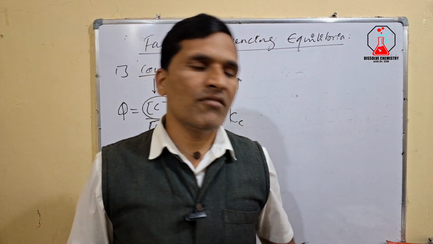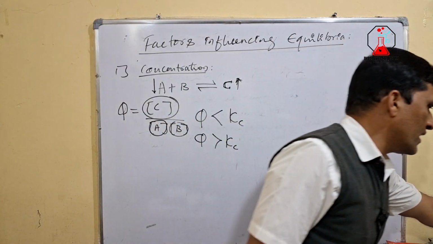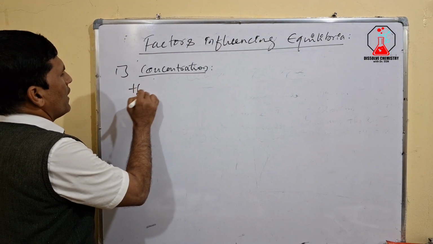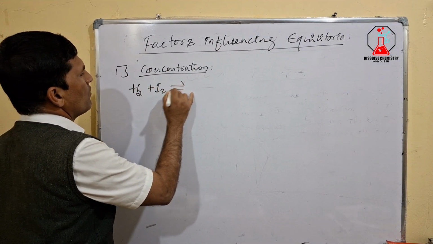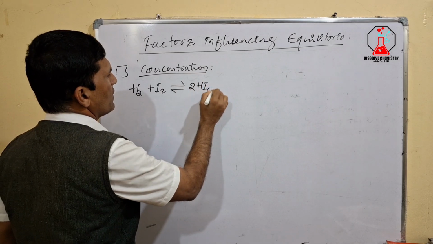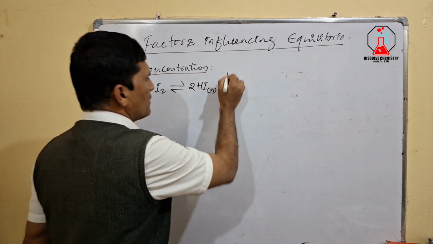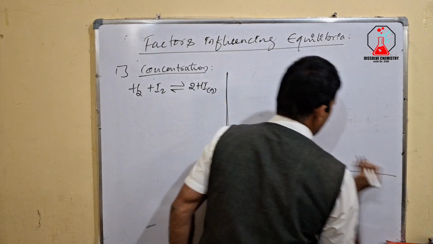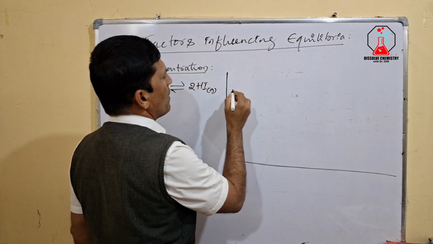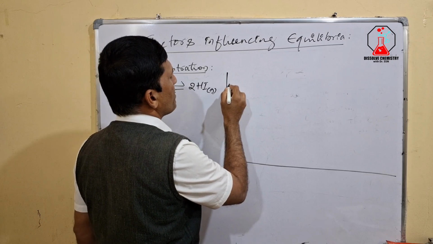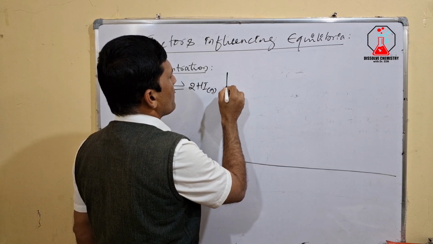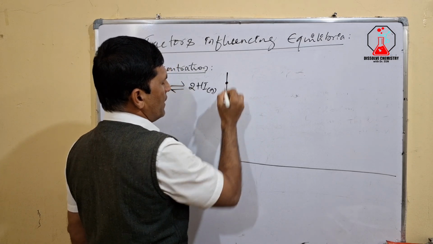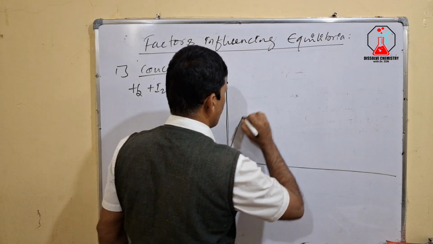We will see this with one example. Graphically, let us try to understand that one. Suppose H2 plus I2 are combining to give HI gas. Say, for example, H2 and I2 I have taken and the reaction has commenced.